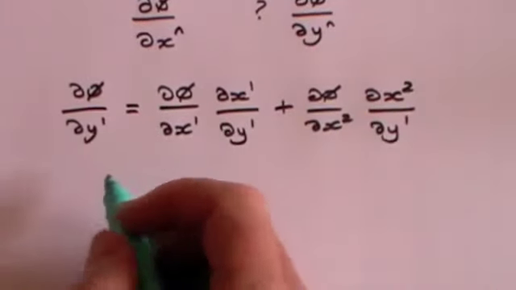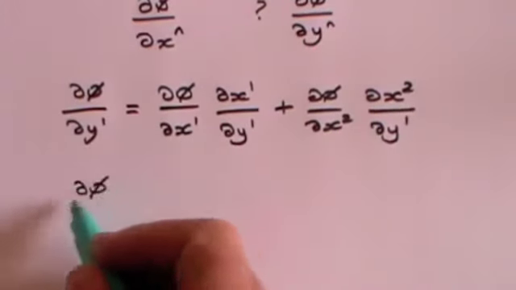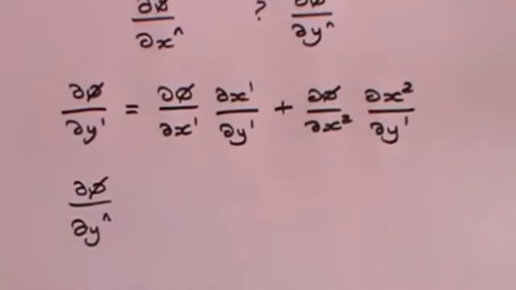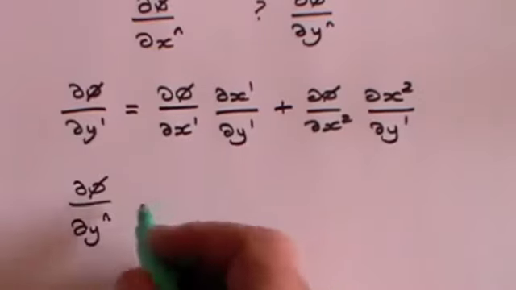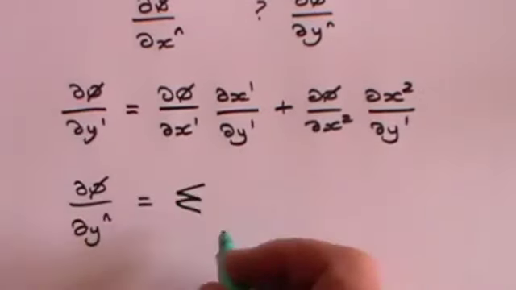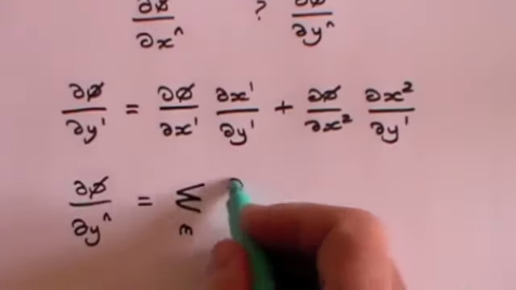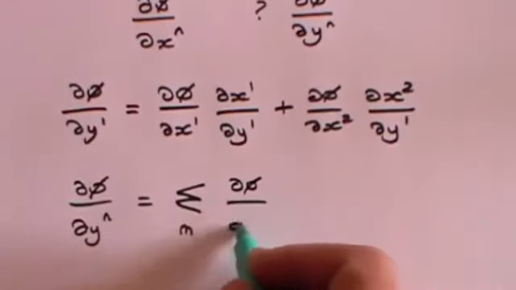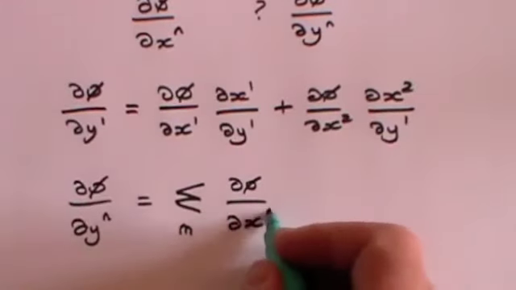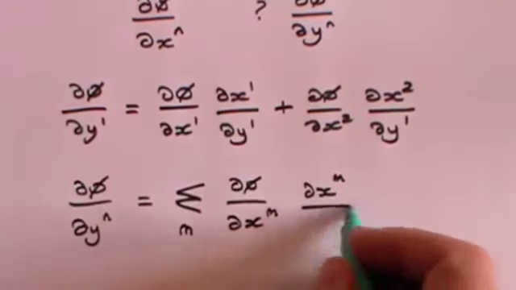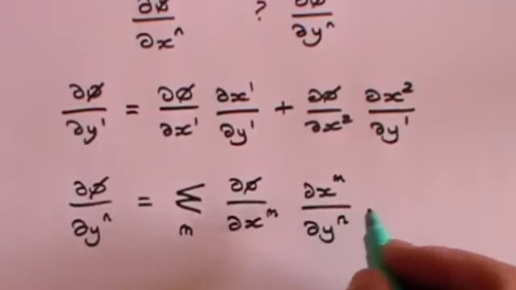This can be summarised as dphi by dyn, because it could be 1 or 2 in my two-dimensional system, and that's going to be the sum over m of dphi by dxm times dxm by dyn.